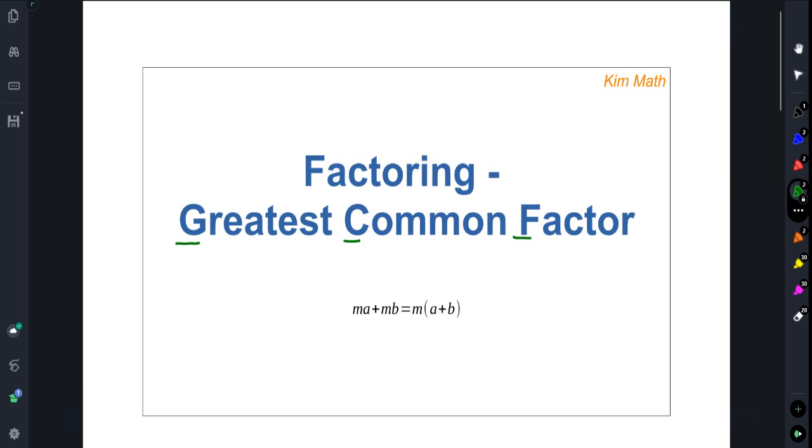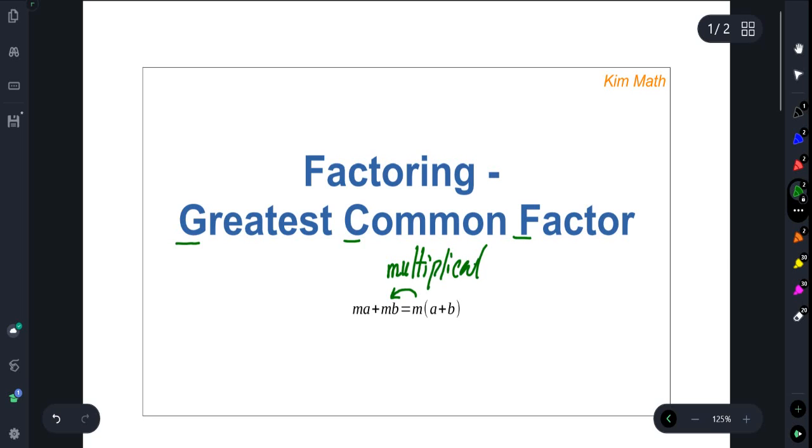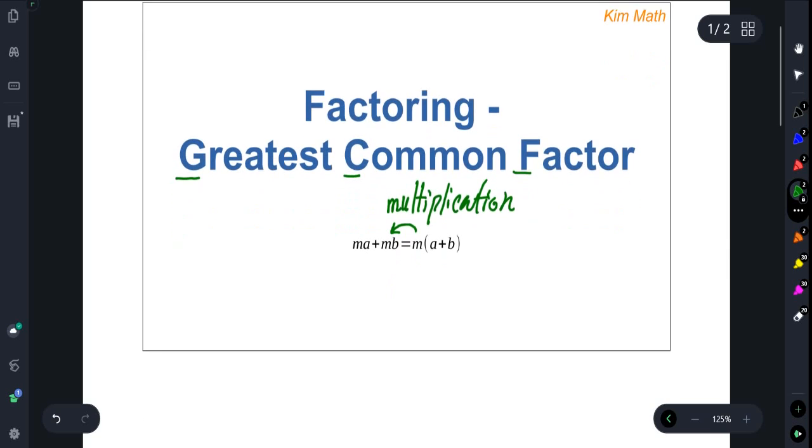As you may know, this process, m times (a plus b), will be ma plus mb using the distributive property, right? And we can say this is a multiplication. Then how about this process?